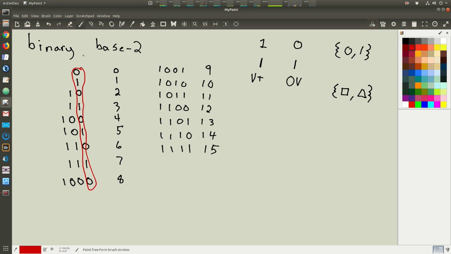Alright, we see 0, 1, 0, 1, 0, 1, 0, 1, right? There's a pattern. Now if we look over here, we see a similar pattern. It's different. We have 1, 1, 0, 0, 1, 1, 0, 0, 1, 1, 0, 0, 1, 1, right? And then if we look over here even further, there's an implied 0 in front of each one of these.